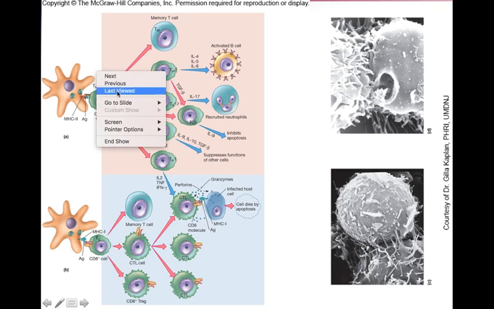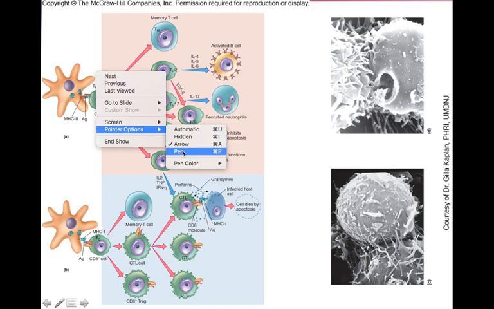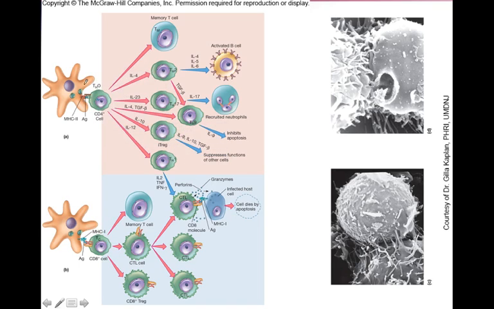The co-stimulatory signal from the antigen-presenting cell, for example, would be B7 molecules, B7, I can't write with this thing very well, and they interact with a molecule on the surface of the T helper cell called CD28.